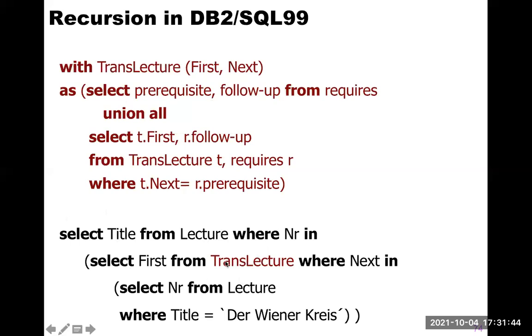And then I can find everything that's a prerequisite for a given lecture, just looking at translecture, saying, please show me everything that's a prerequisite, or prerequisite for prerequisite, or prerequisite for prerequisite for prerequisite for a given lecture. And a single query returns everything I want. So recursion is here, and then I use it.